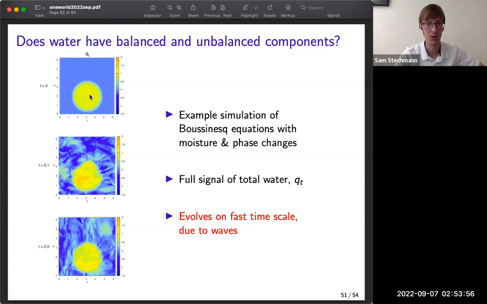The initial condition is just a blob of moisture on top of a background turbulent state, including vortical modes and waves altogether. And you'll see that the total water does change substantially on these timescales, and that's because there are waves in the system.